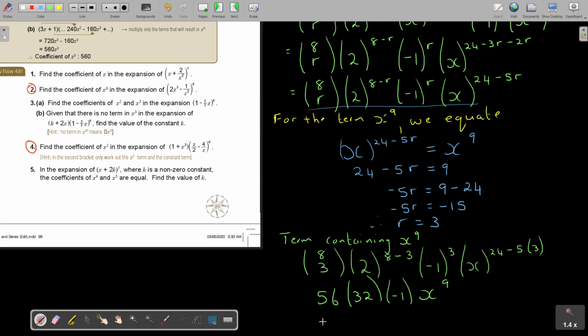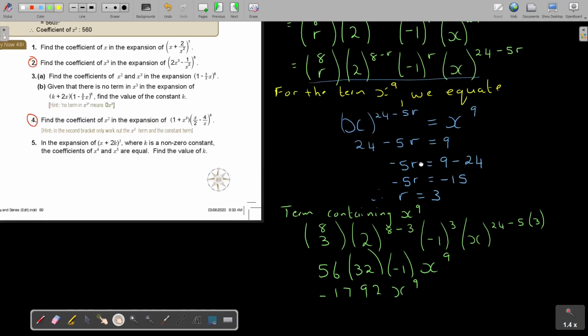So if I multiply 56, times 32, times -1, that's -1792, and that's x^9. So read the question, find the coefficient. Don't stop there. You're not correct if you stop there.